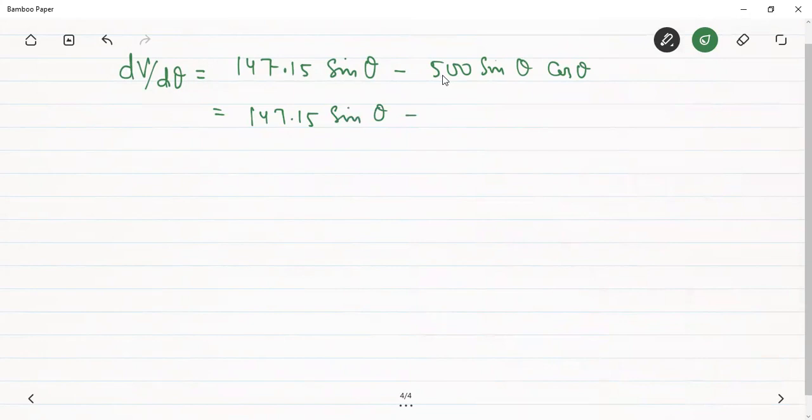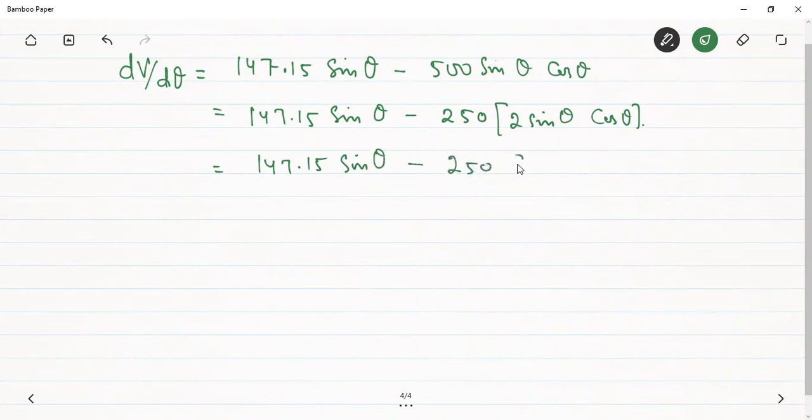I can take 2 to be common. I can break this into 250 multiplied by twice sine theta cos theta. So this will be 147.15 sine theta minus 250 sine 2 theta.